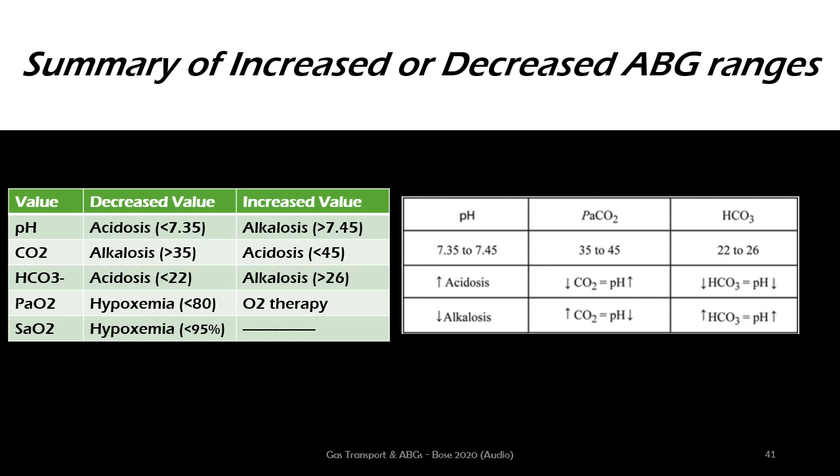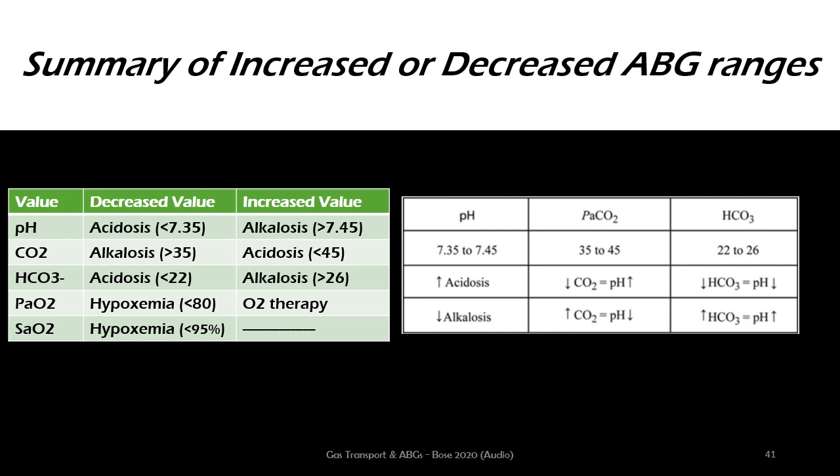PaO2 more than 100 is not feasible unless patient is on supplemental oxygen. If PaO2 goes more than 100, then too much supplemental oxygen is being given, which can become toxic, especially to COPD patients who survive on oxygen drive. Hence, supplemental oxygen will need to be titrated down in these patients.